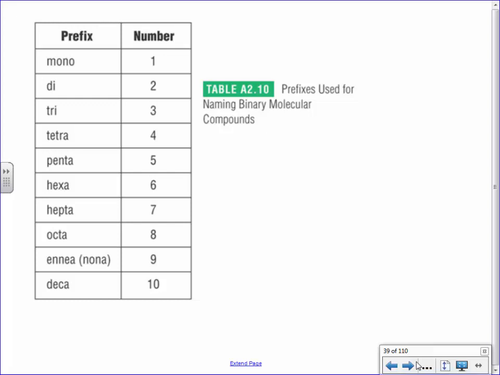So when you're naming something molecular, the scheme is to use the prefix based on how many there are, and then the name. This only works if they're both anions, they're both negatives. Let me give you a common example of a student who makes a mistake.